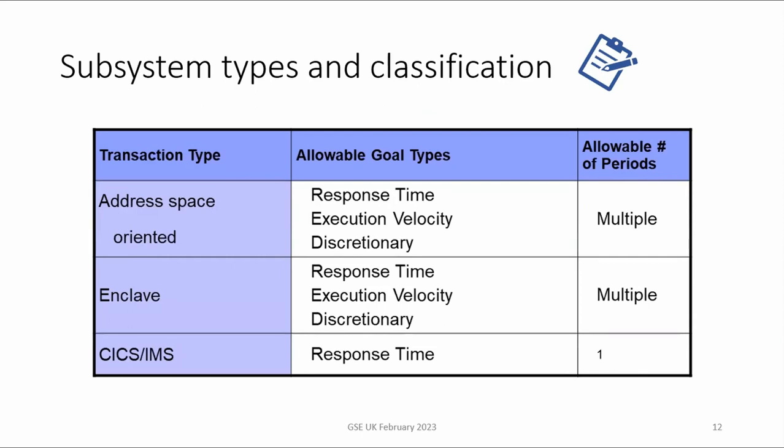So if you have address space oriented transactions, you can use response time, execution velocity, or discretionary goals, and you can have multiple periods. If you have enclaves, you can have response time, velocity, or discretionary goals, and you can have multiple periods. And if you have CICS or IMS transactions and you're managing by the transaction, then the only option you have is a response time goal, and you can only have one period.